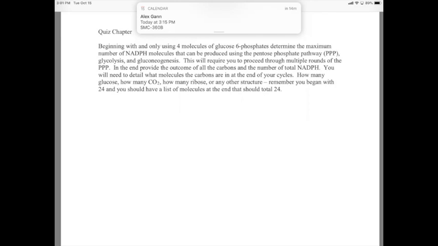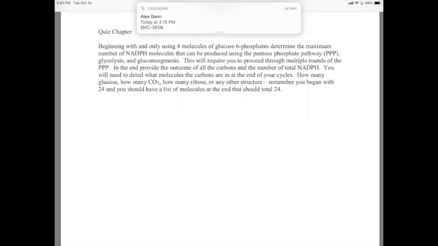Okay? Did anybody think about what is the end of the non-oxidative pathway? You get glyceraldehyde 3-phosphate, so 1 glyceraldehyde 3-phosphate plus 2 what? Fructose 6-phosphates. Okay? So here I have 3 carbons, right?